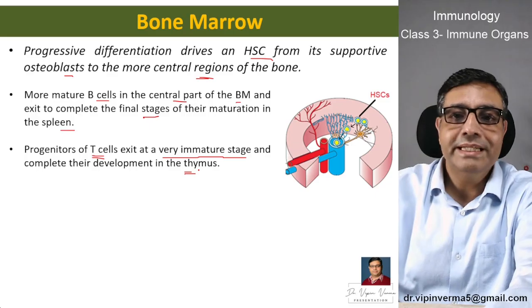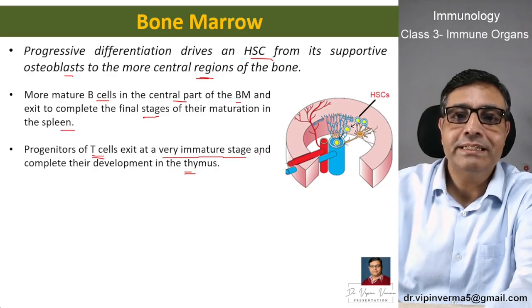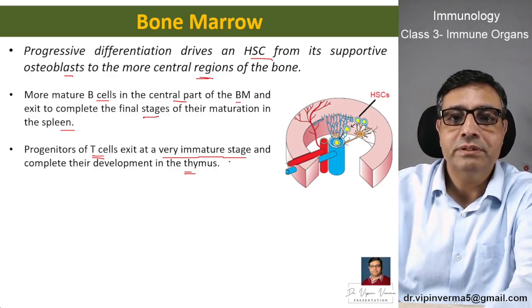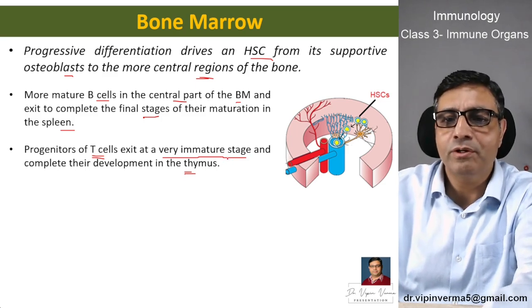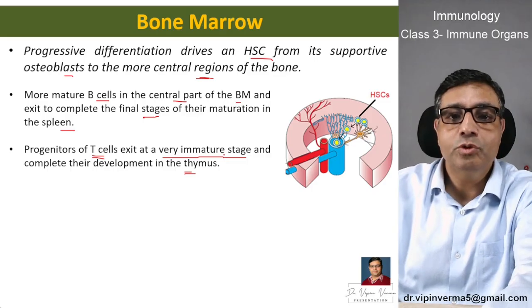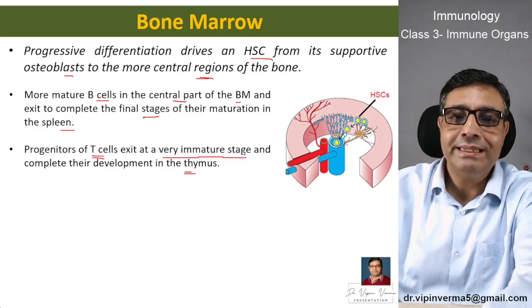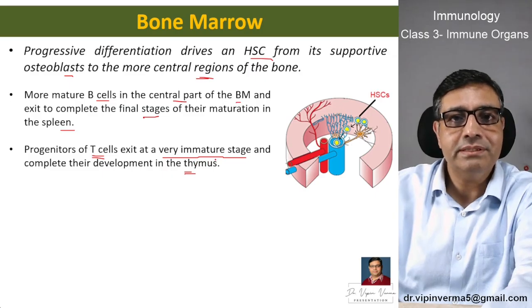So they are released from the bone marrow as very immature thymocytes, immature T cells, and then they take residence inside the thymus, where they complete their maturation.